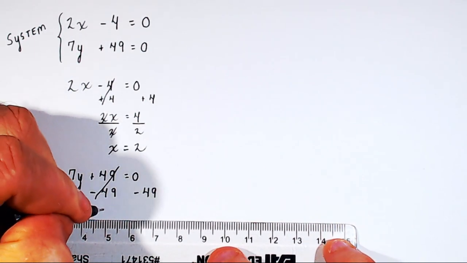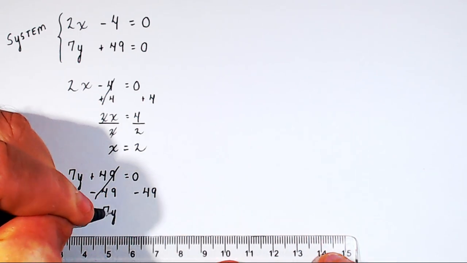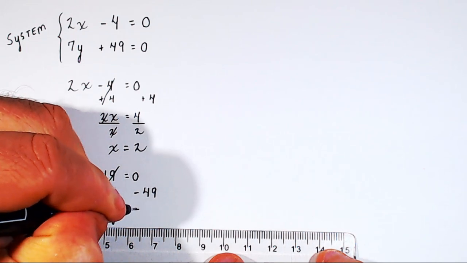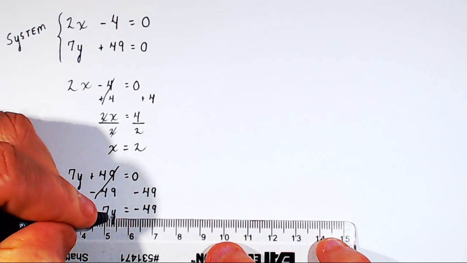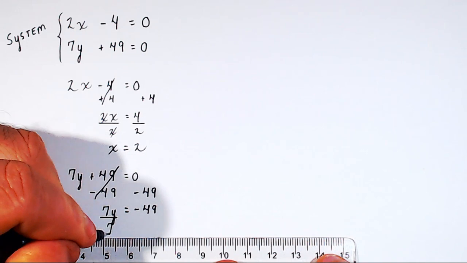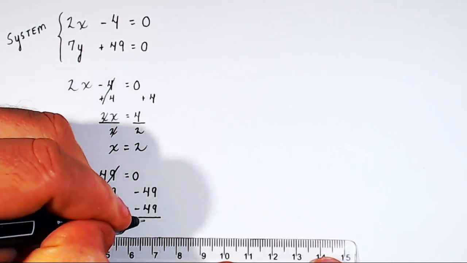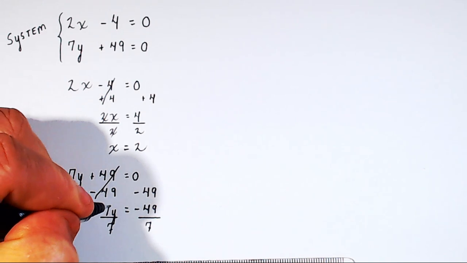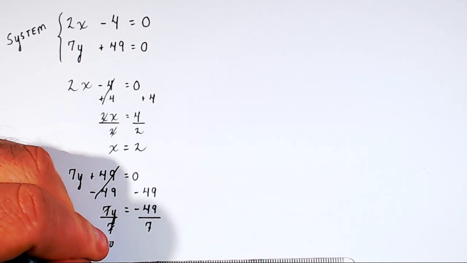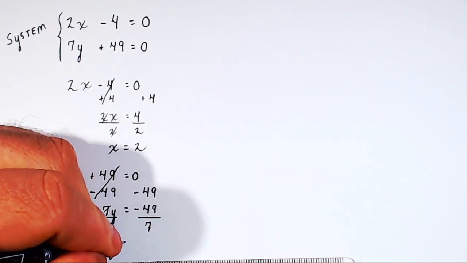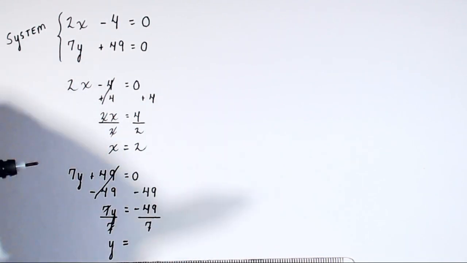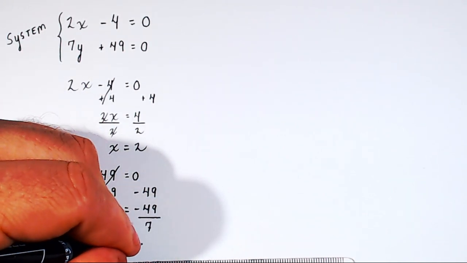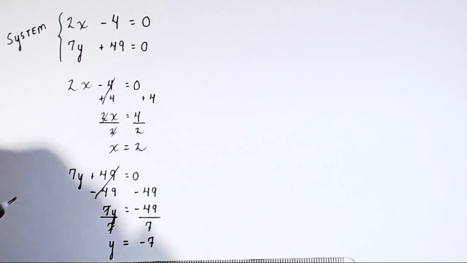We're left with 7y equals negative 49. Well, now what? Okay. Well, now we divide both sides by 7. The 7's on the left cancel, leaving y by itself. And y equals negative 49 divided by 7. Now, 7 goes into 49 7 times, so negative 49 divided by 7 is just negative 7. So y equals negative 7.